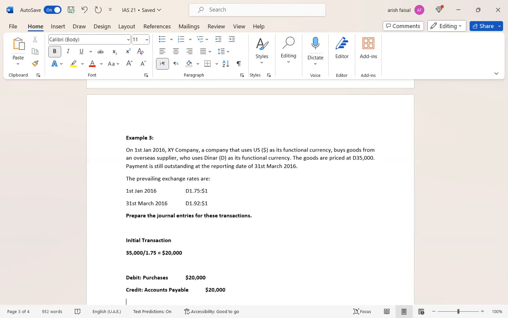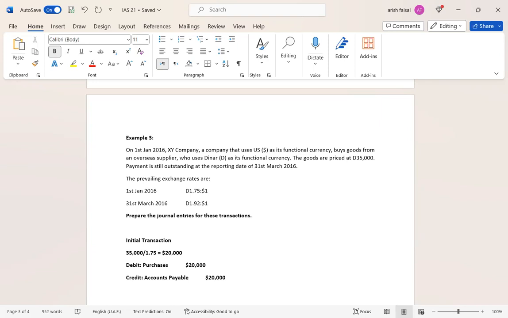So purchases itself will go into the income statement at 20K, but your accounts payable, as it is an unsettled item, you have to retranslate it again at the closing rate, which is at the year end.